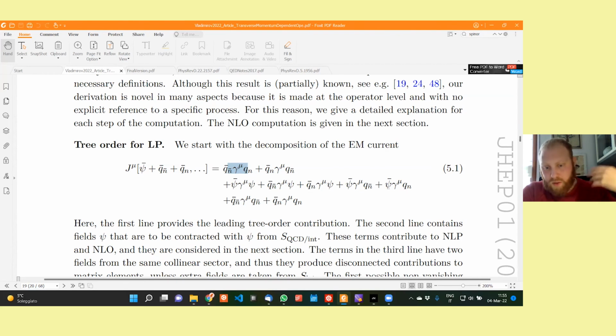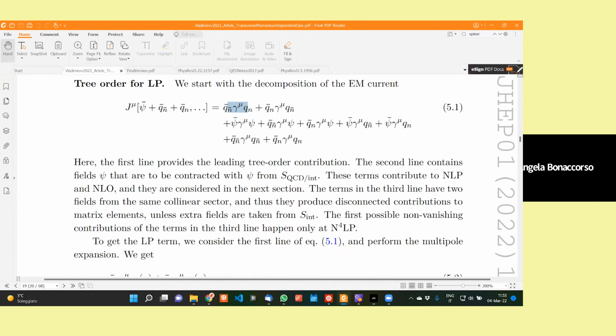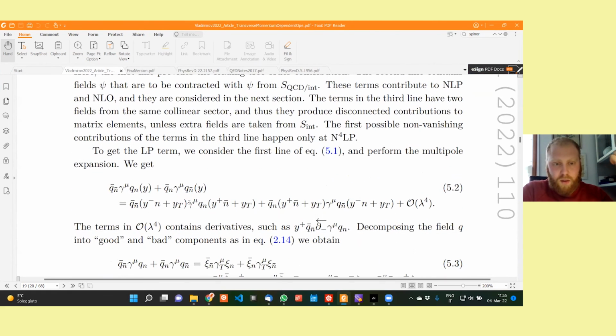The second row contains also dynamical fields, so it goes higher in the loop order, because you have to kill these dynamical fields since they are not in the external state. And the last one is for maybe too complex a reason to explain right now, but if you connect the same kind of patterns across the current, you get next-to-next-to-leading power. So they are suppressed and they are what you could call twist 4 in the collinear language.